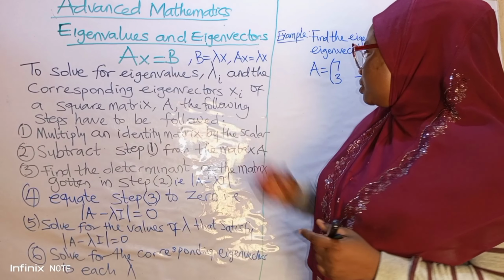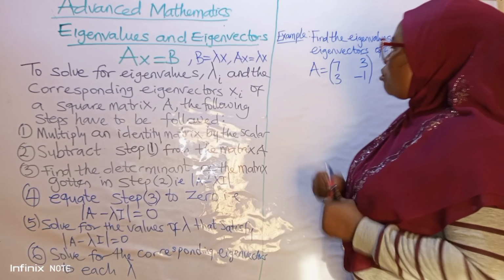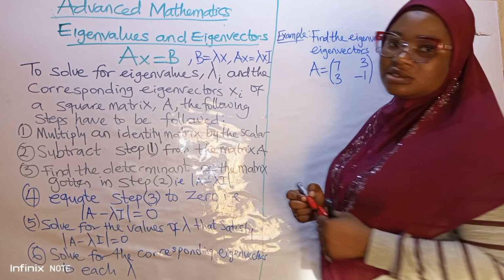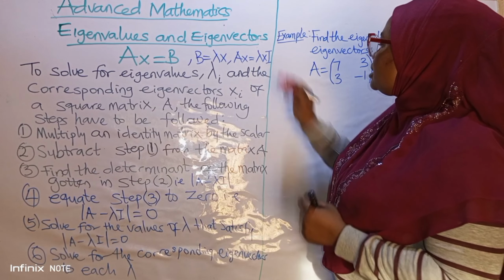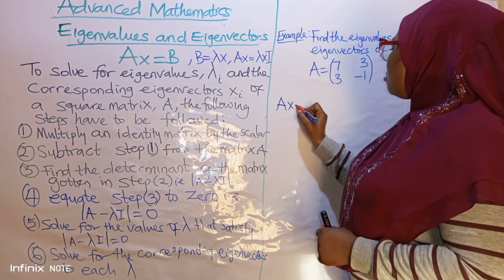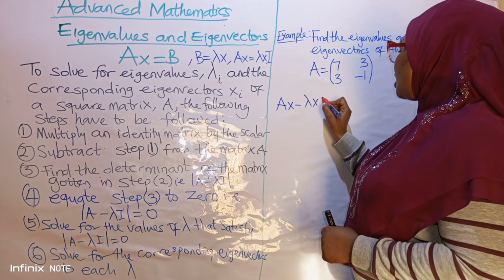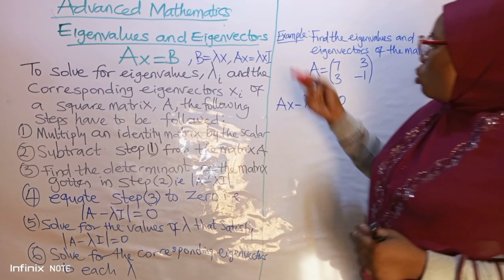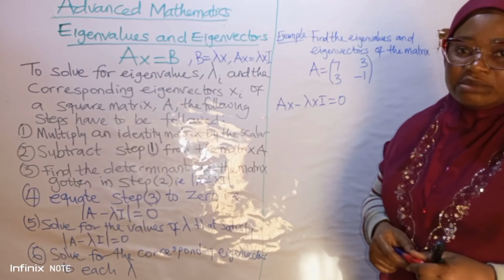From here, I can multiply the right hand side by what? An identity matrix. So I can say that Ax - lambda xI = 0. Why do I multiply by an identity matrix?